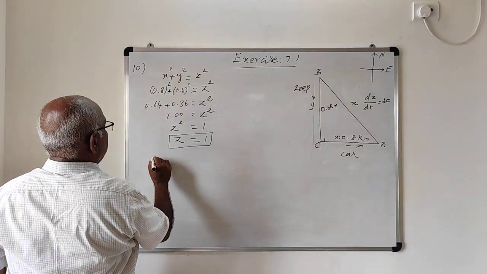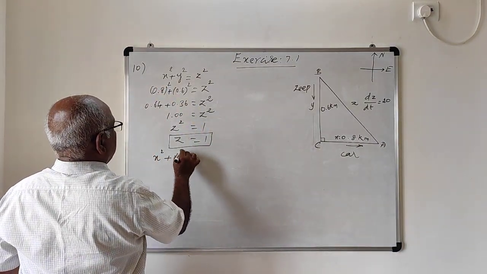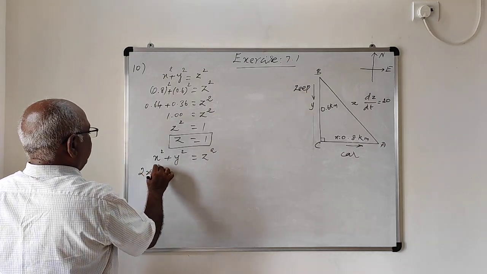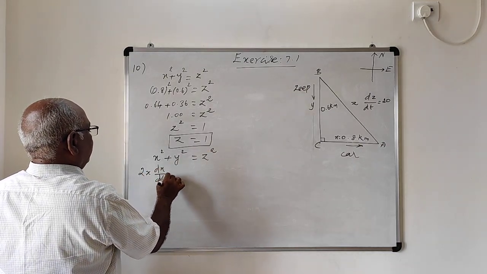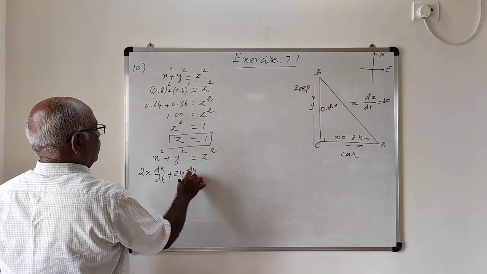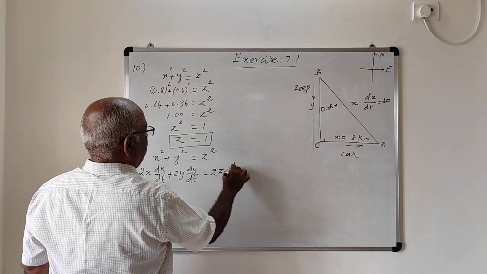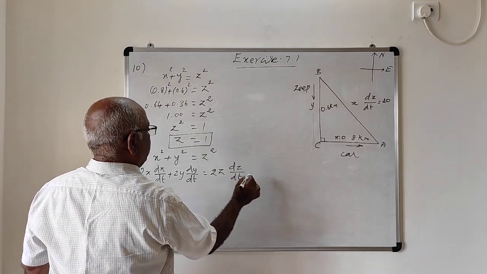So in the equation, you write x square plus y square equal to z square. Differentiating, you get 2x into dx by dt plus 2y into dy by dt equal to 2z into dz by dt.